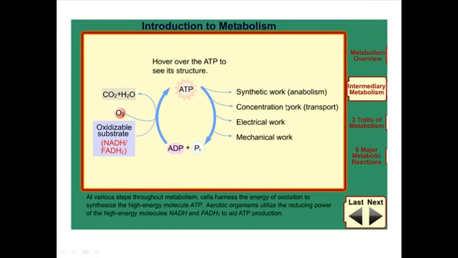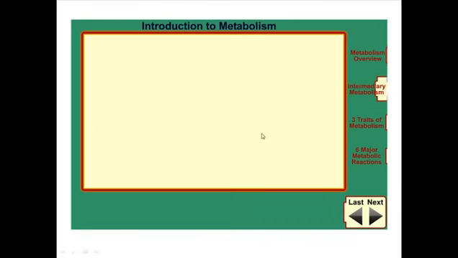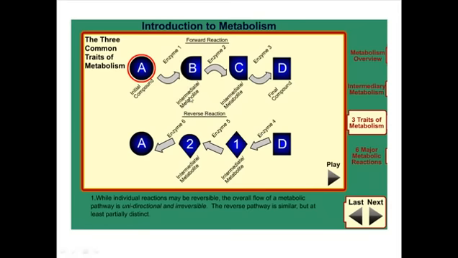That's why they need energy, and the energy is supplied by ATP. So ATP is used for concentration work, for example transport, electrical work for transporting different things, and mechanical work as well. For example, the mechanical work of motor proteins along the microtubule systems. Okay, so these are the three traits of metabolism.